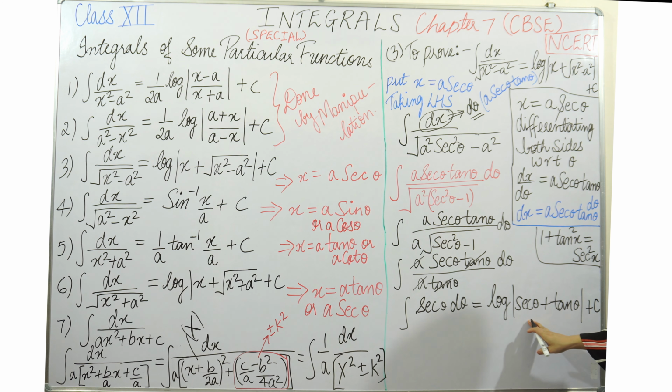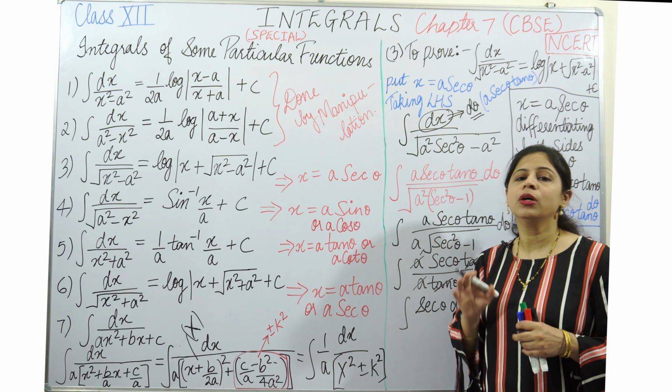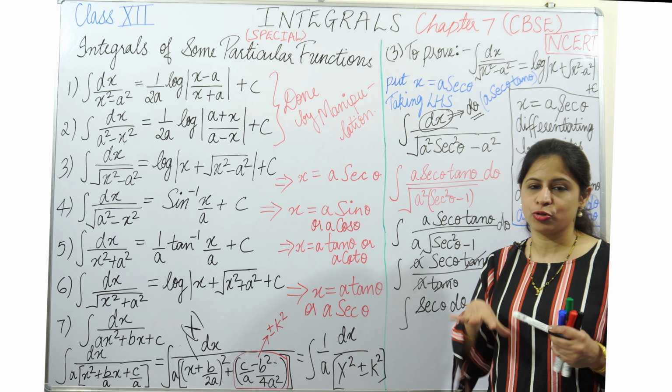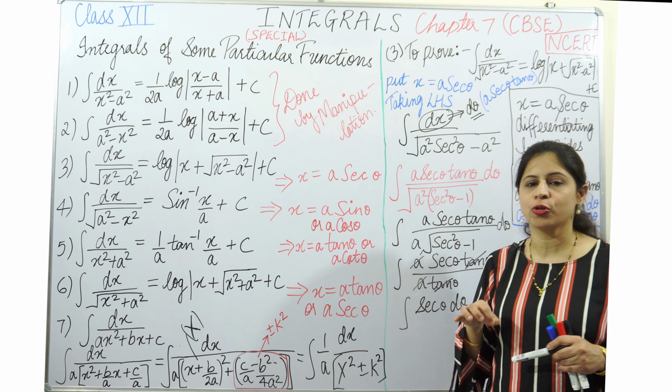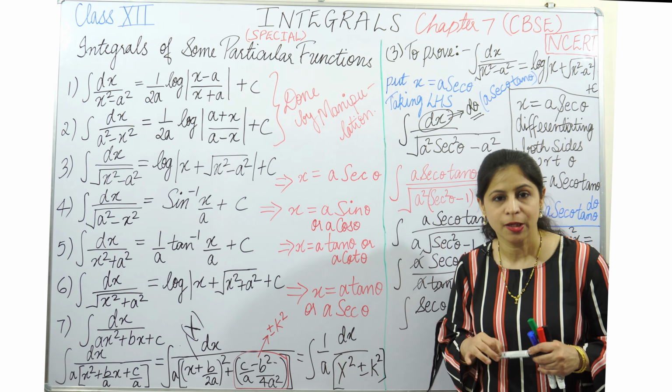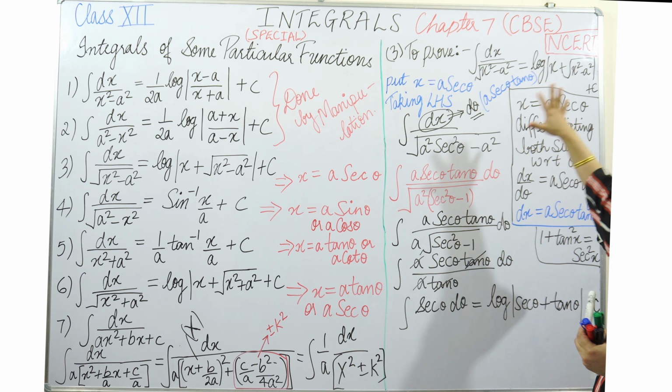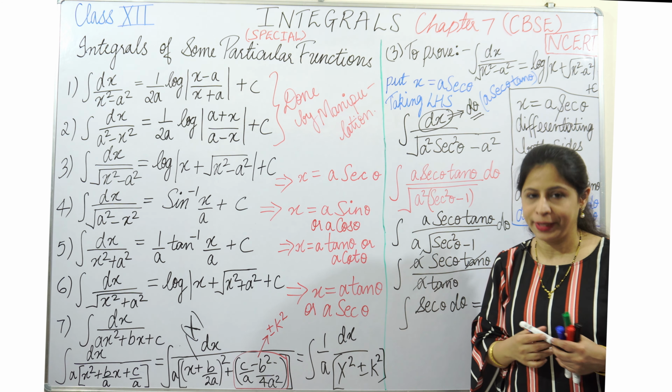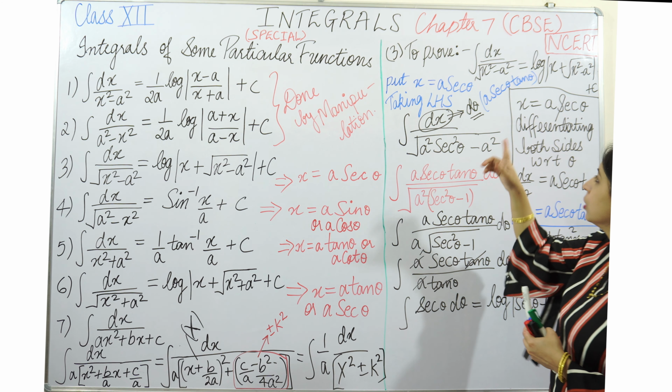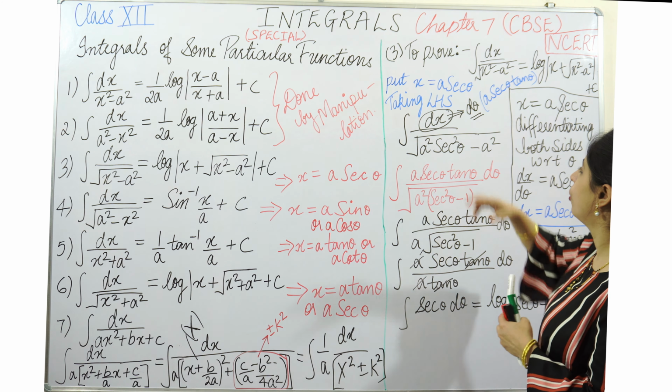Okay, so here the expression is in terms of theta right now. I need to resubstitute my values in terms of x, because the question, or the derivation which we were doing, was in terms of x. Okay, so from here I can find out sec theta to be equal to x upon a.